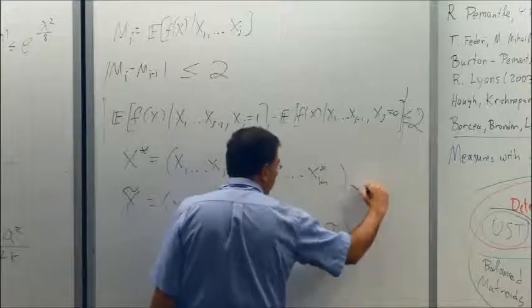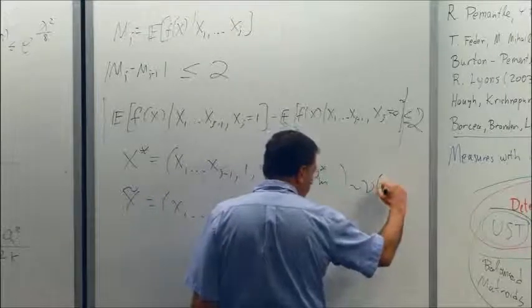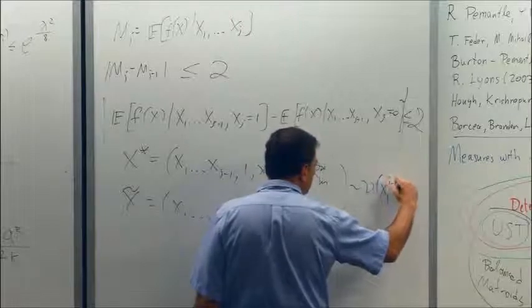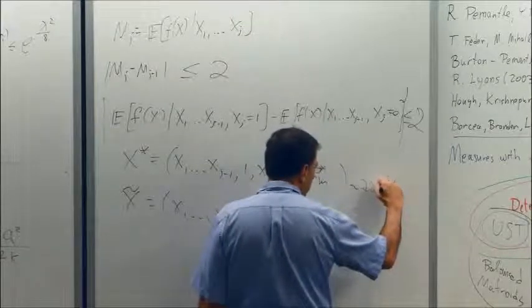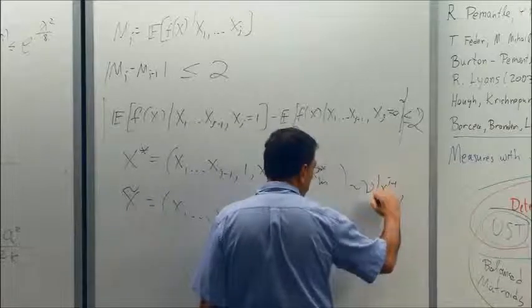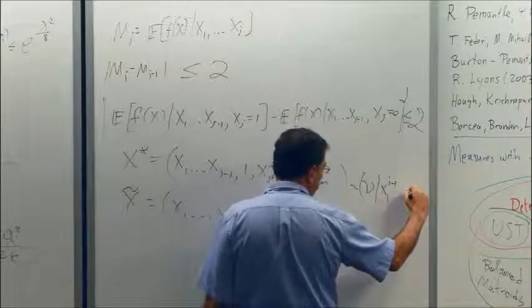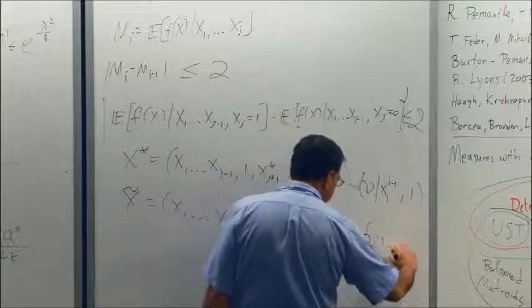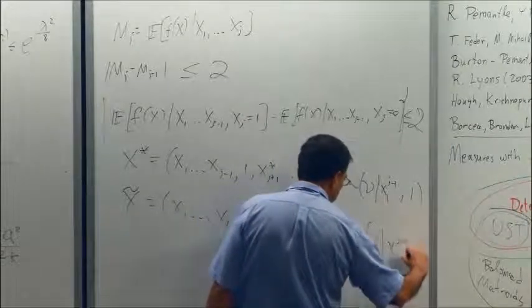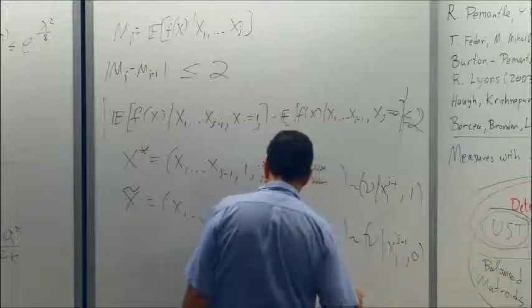So this will have the law of nu given x1 up to j minus 1 and ending with a 1, and this will have the law of nu given x1 up to j minus 1 and ending with a 0.